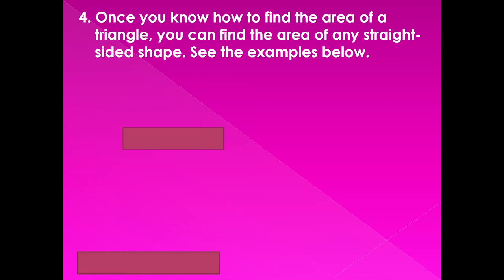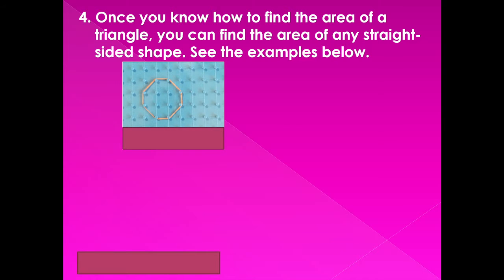Once you know how to find the area of a triangle, you can find the area of any straight-sided shape. Like, for example, this one. So, what is the area? Go ahead, find the area of this. What is the area of this figure?